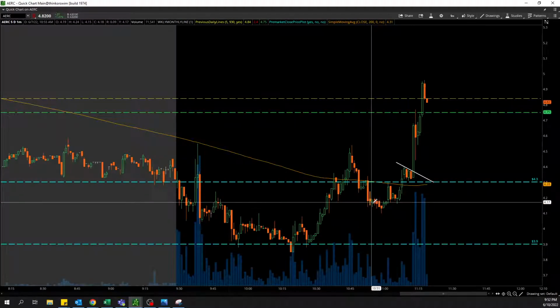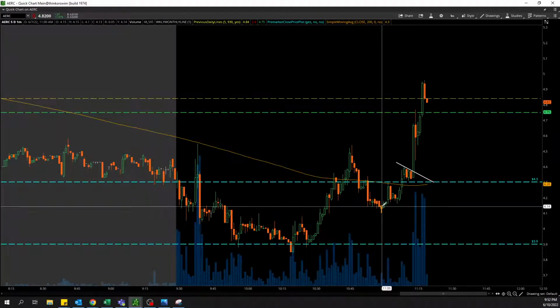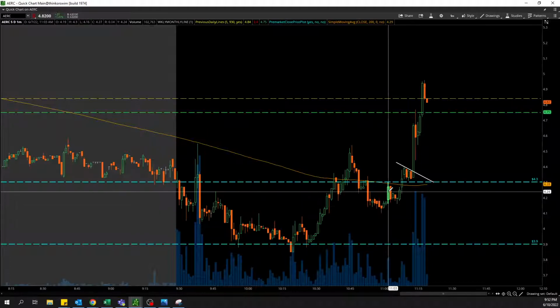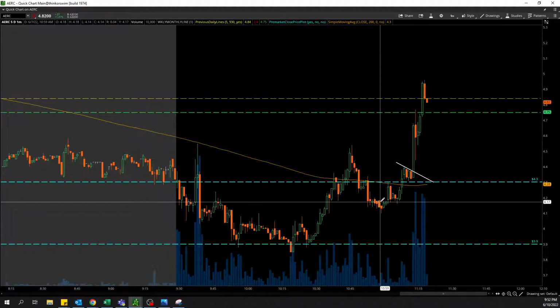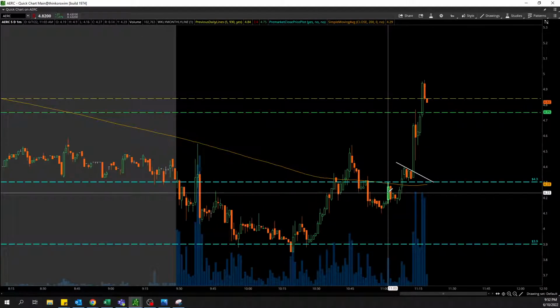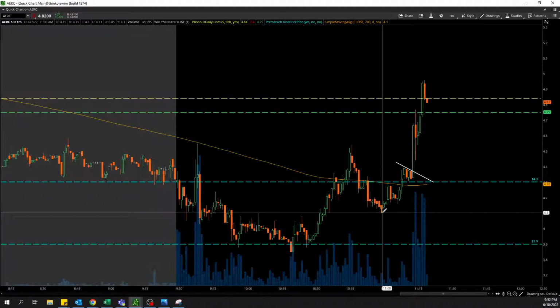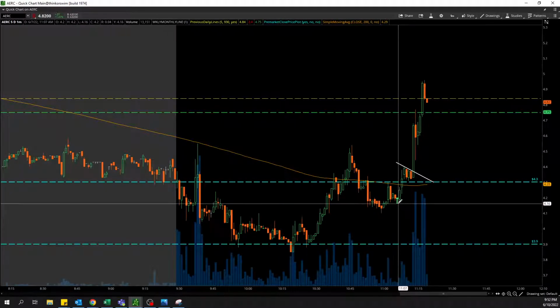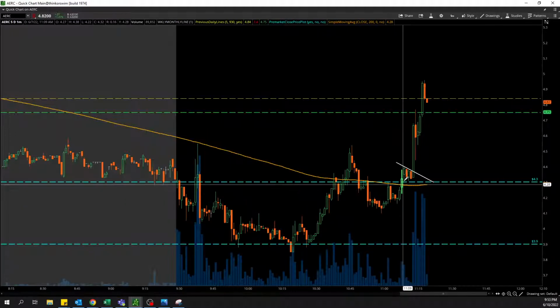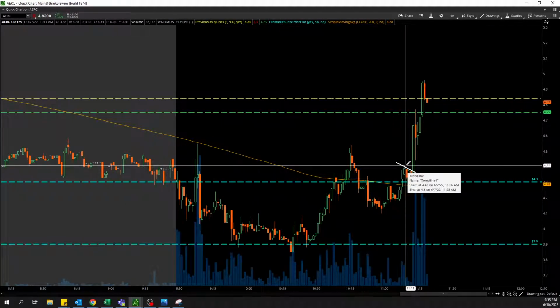Solid pull down, and then it caught itself right there. Igniting candle that started to move. Remember, we just dropped down here, massive volume. So this is the area. 410. Pulled it back. Buyer stepped in, ripped it, came back over 430.